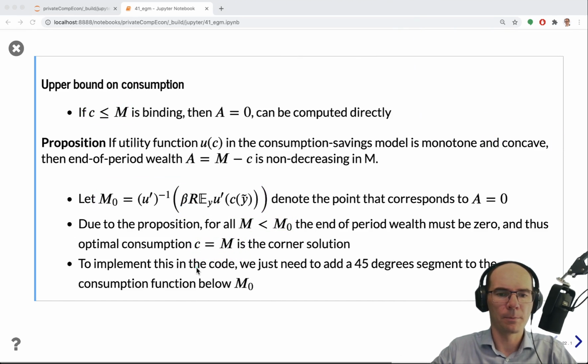Okay, but what do we have to do to implement this corner solution in the code? Well, let's see. We know that for all the m's less than m naught, consumption has to be just a 45-degree line in the space of m. So essentially, we just need to add one point, one segment, to the solution produced by the EGM for the interior points.